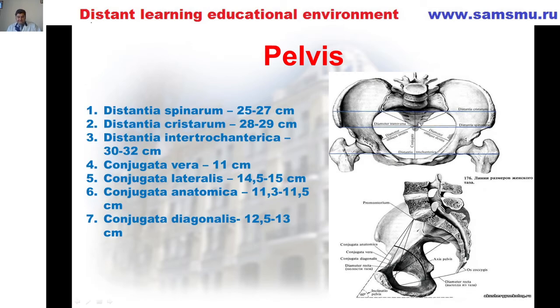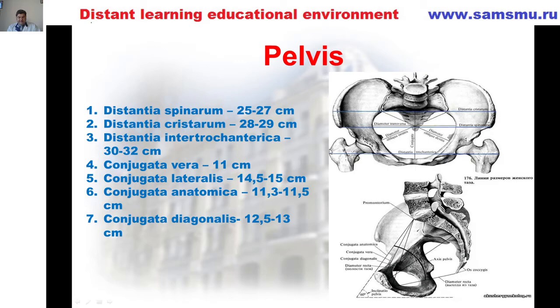The distance between the two superior anterior iliac spines is the interspinous diameter, distantia spinarum. You may see this distance on this picture. The distance between two iliac crests is the intercristal diameter, distantia cristarum.